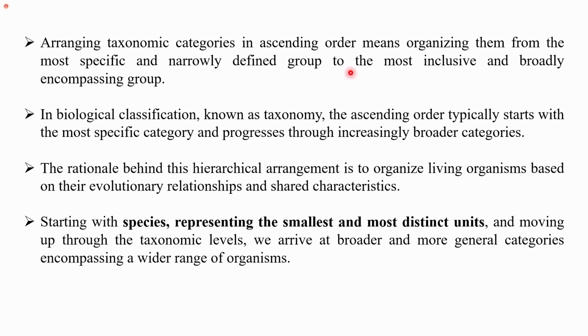Suppose the red balls are 20, the white balls are 15, and the remaining ones are the blue balls. So the more the specificity you are showing, the number is decreasing, right? The group is becoming narrower.